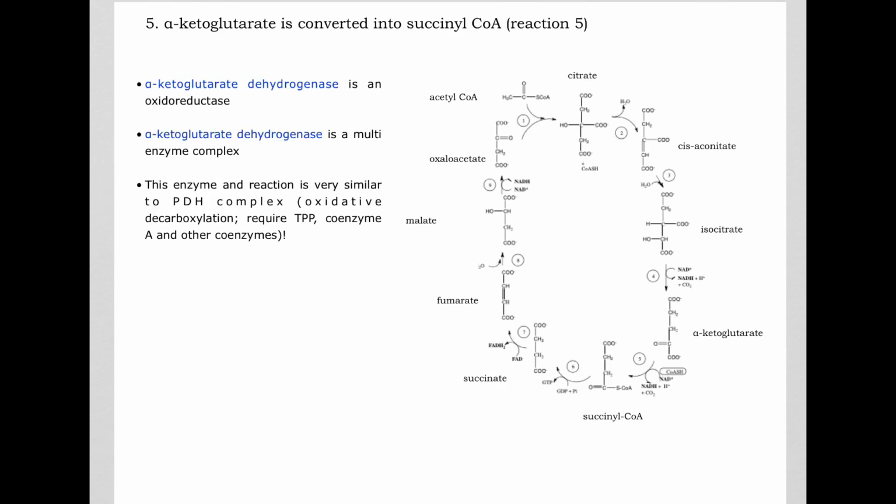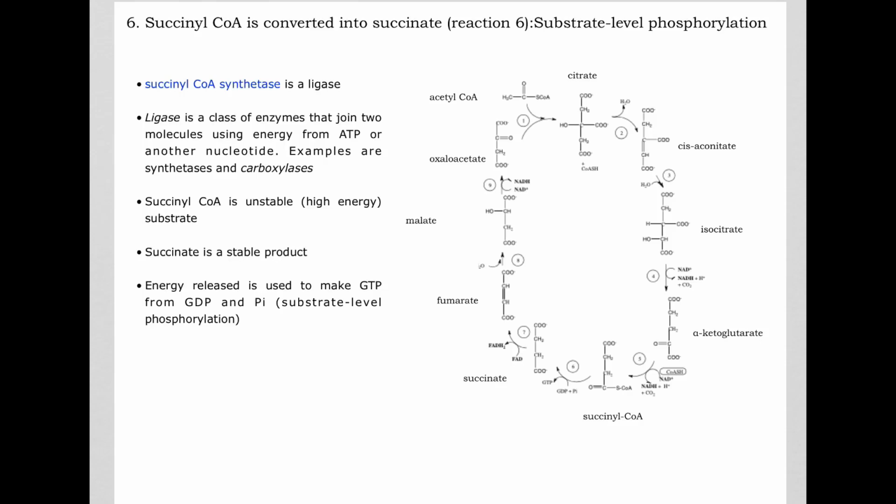So the product of this reaction is succinyl-CoA. This is a very unstable chemical. That means it has a lot of energy available in it. In the next reaction, reaction number 6, this unstable chemical succinyl-CoA is converted into a very stable chemical, succinate.